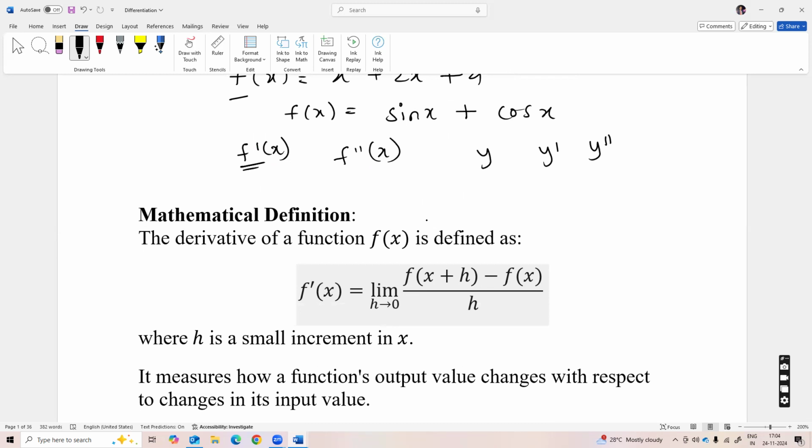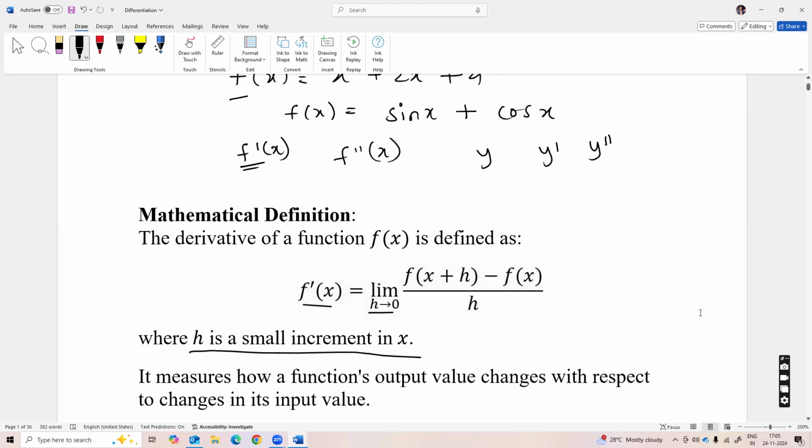If you have a function f of x, then its derivative f dash of x is given as limit h tends to 0 of f of x plus h minus f of x, divided by h, and here h is a small increment in x.